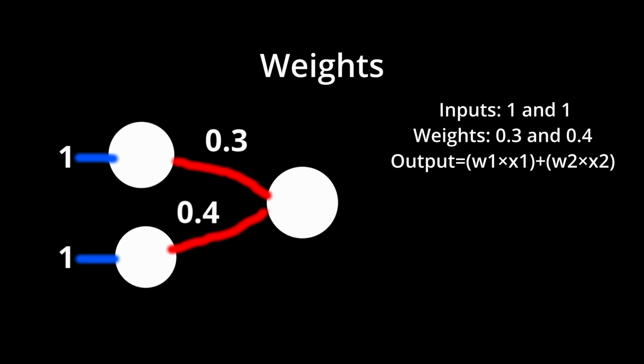For example, multiply the first input value, which is 1, by its corresponding weight of 0.3. Then multiply the second input value, which is also 1, by its corresponding weight of 0.4. Finally, sum these results. This calculation gives us an output value of 0.7. And this is the output value for the neuron given the input of 1 and 1.